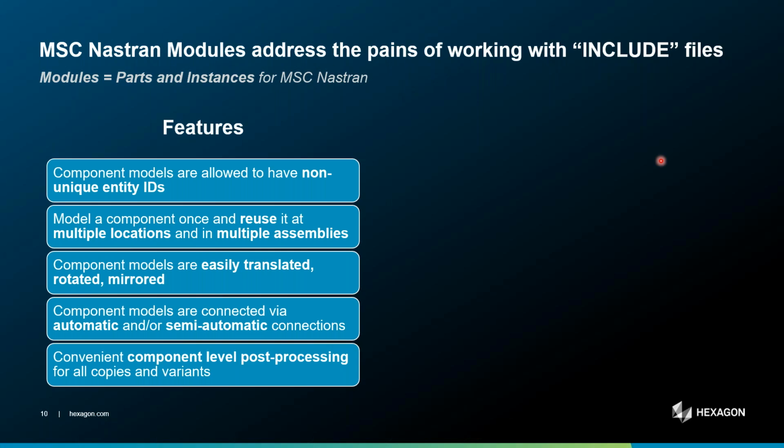And also, to help facilitate efficiency in the downstream post-processing, the components can actually have their own individual result files. So this enables component level post-processing without jumping through additional scripts or additional solver runs or additional gymnastics to get the results into a format that the different component teams can easily digest.